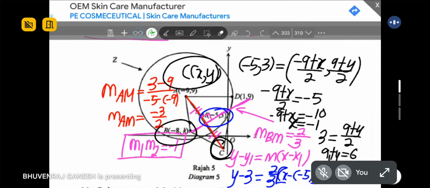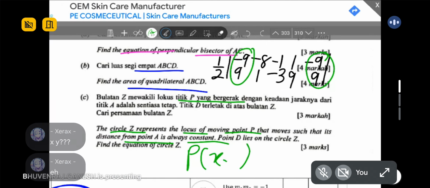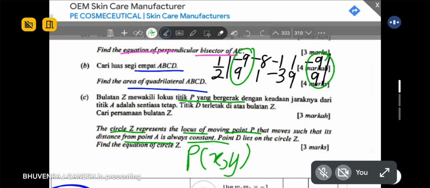Dalam gambar tak ada P. So, what do you think is the coordinate for P? Siapa tak tahu how to get coordinate P? Yes, the answer is XY, guys. Correct. Because you don't know the coordinate. Whenever you don't know a coordinate, guys, you just label XY. Bila tak tahu coordinate, jawapan dia XY. Ingat yang tu untuk admits. Always like that one. Okay?